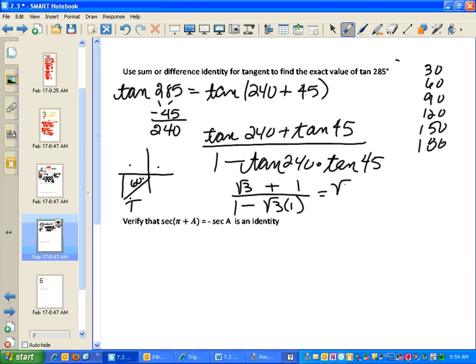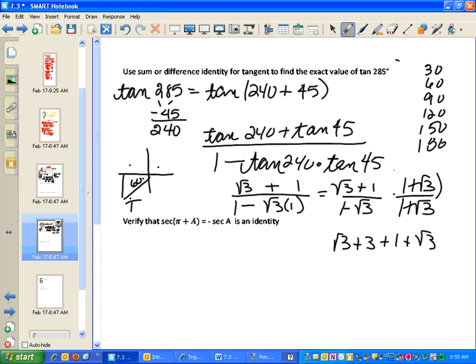So square root of 3 plus 1 over 1 minus root 3. I cannot leave it in that format. Multiply by 1 plus square root of 3. All right, just stay in here for a second. So that's root 3 plus 3 plus 1 plus root 3. I am foiling. That's 1 conjugates minus root 3 plus root 3 minus 3.